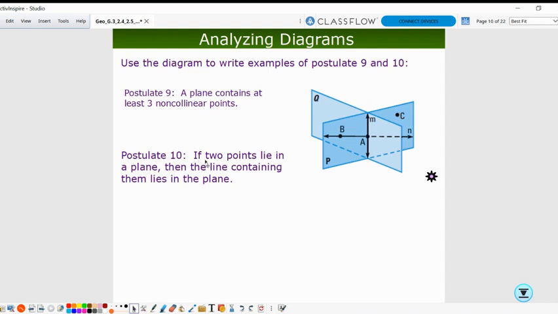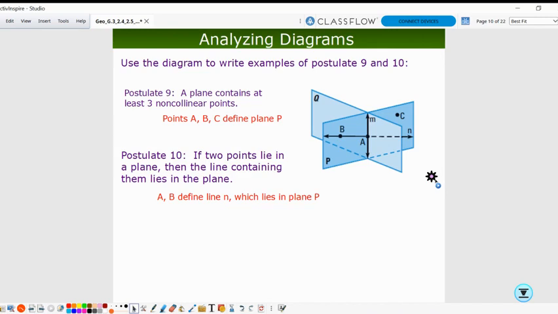If we have postulate 10, if 2 points lie in a plane, then the line containing them also lies on the plane. So if we have 2 points, B and A, that are on the plane P, then the line BA is also on the plane.